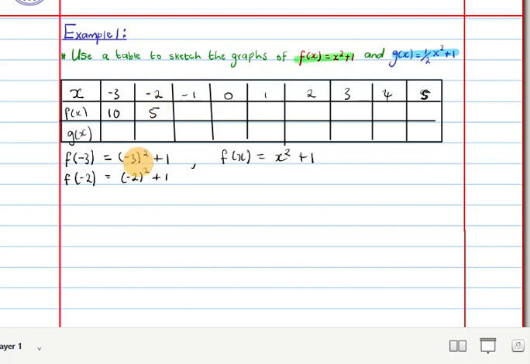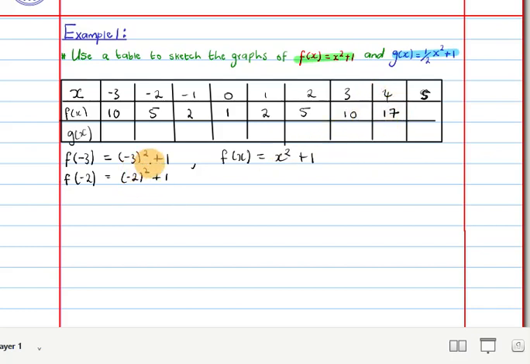When you say -1 squared plus 1, you get 2, because 1 plus 1 is 2. 0 squared plus 1, you get 1. 1 squared plus 1, you get 2. 2 squared plus 1, you get 5. 3 squared plus 1, you get 10. 4 squared, which is 16, plus 1, you get 17.